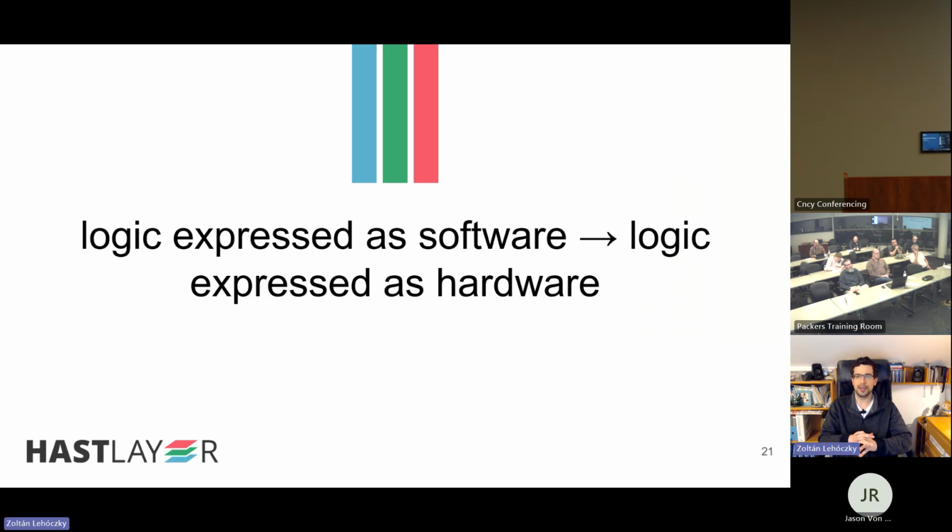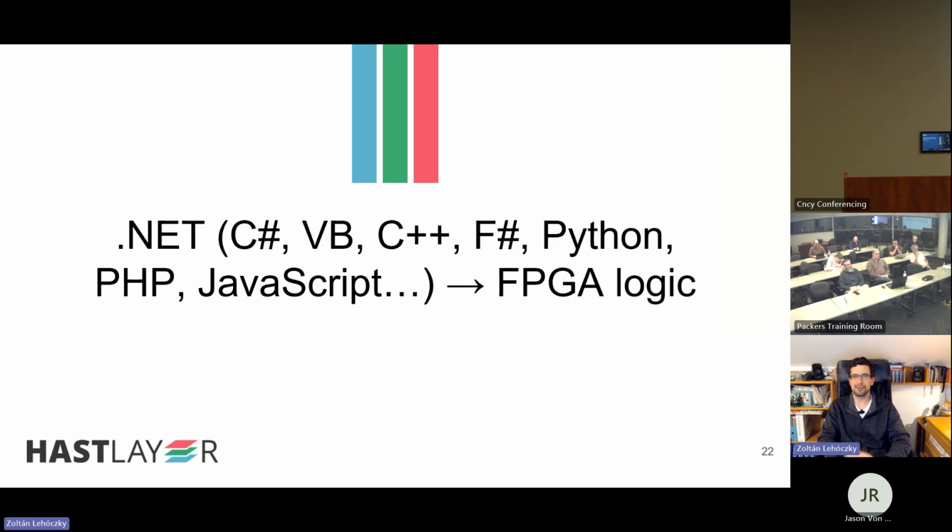Or we could also say that there's some logic in your software. We try to process your software and get that logic out of it with Hastlayer and create an equivalent logic in a hardware form.